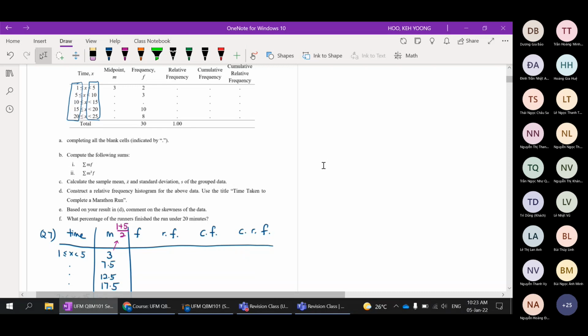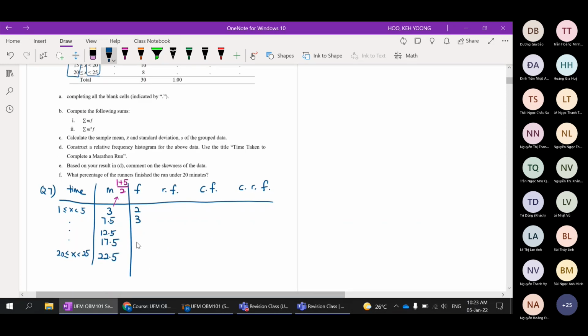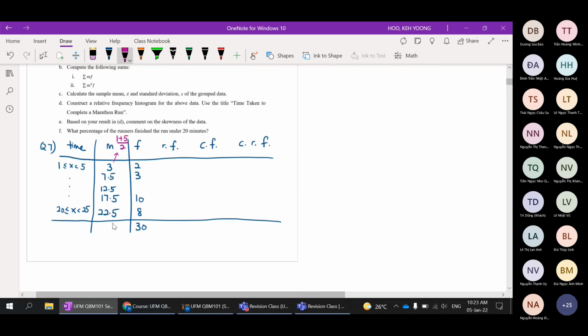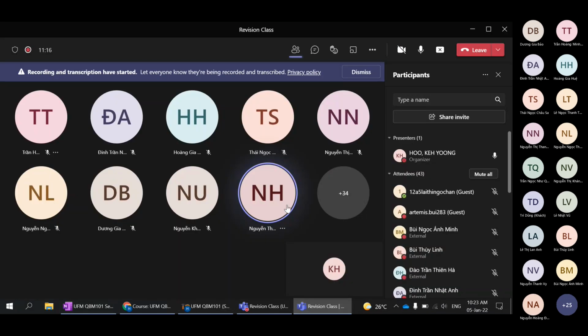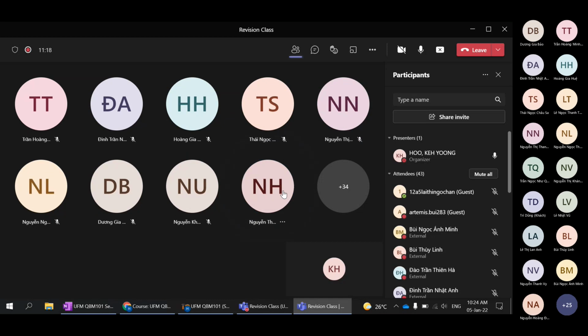How about the frequency? The frequencies are given as 2, 3, then the third class is not given, 10, 8, and then 30. So what is the frequency for the third class? Do you have any questions for me?